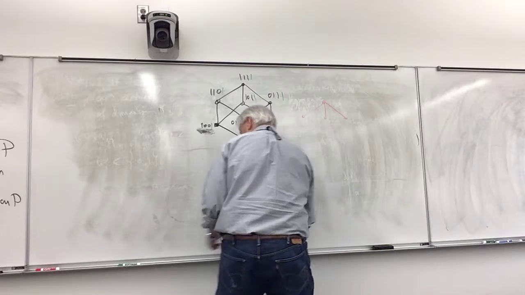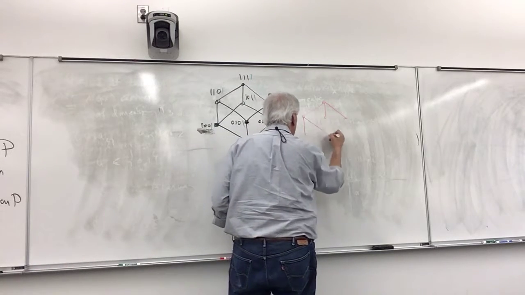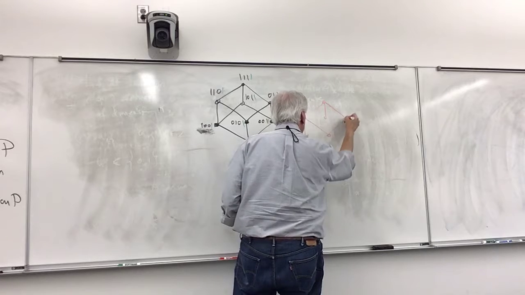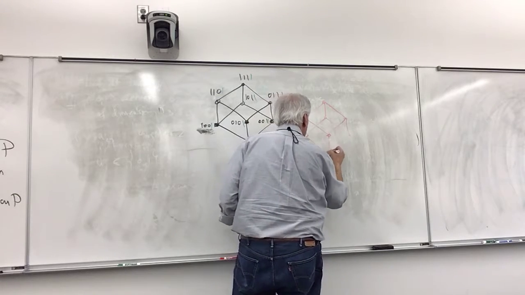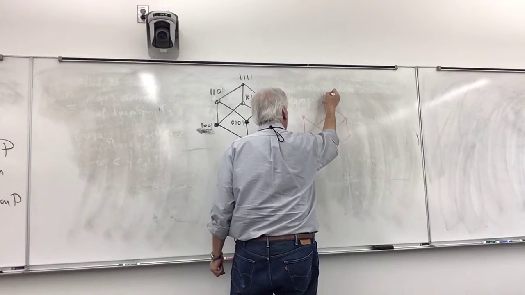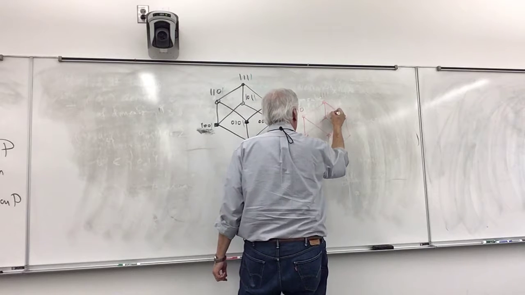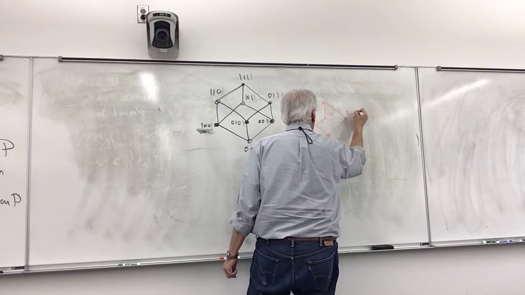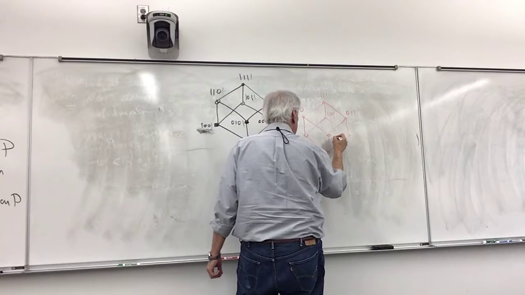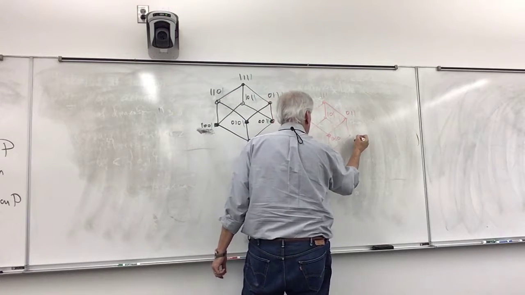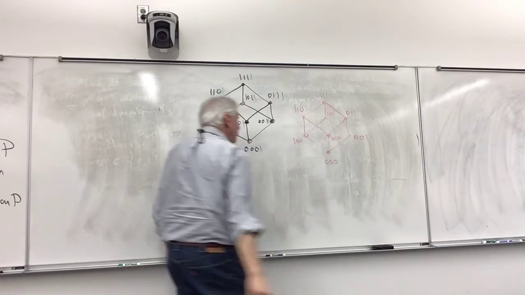I'd like to do it in red. And I'm going to put 1 1 1, 1 1 0, 1 0 1, and 0 1 1, and then 1 0 0, 0 1 0, 0 0 1, and then 0 0 0.